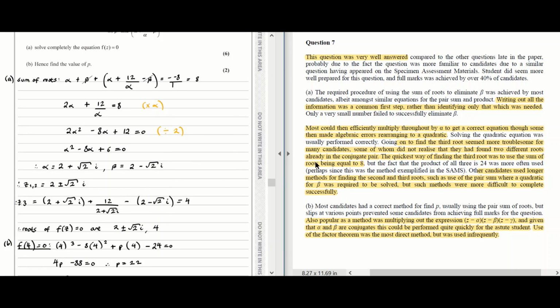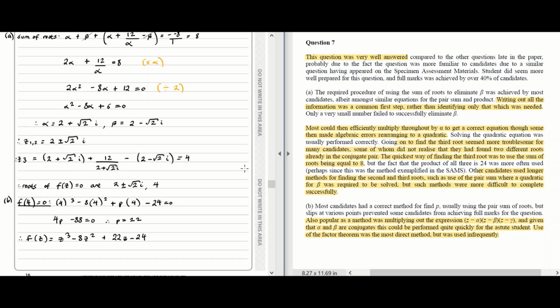You could find the third root with some different methods to what's shown here. Some did not realize that they had to find the two different roots already. There were a couple of ways to do this, actually, in all honesty.